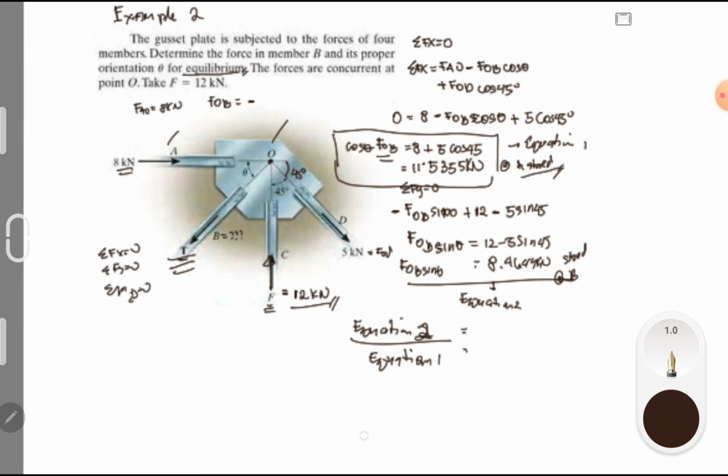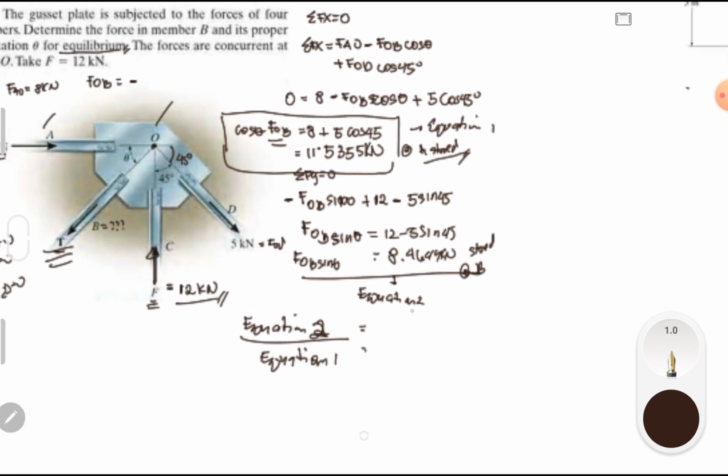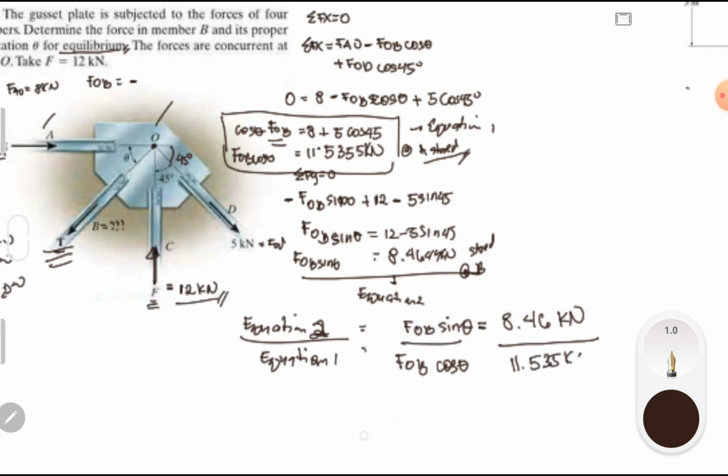which is particularly equal to our FOB sine theta, which is equal to 8.46 kilonewton, divided by our FOB cosine theta, divided by our 11.535 kilonewton.